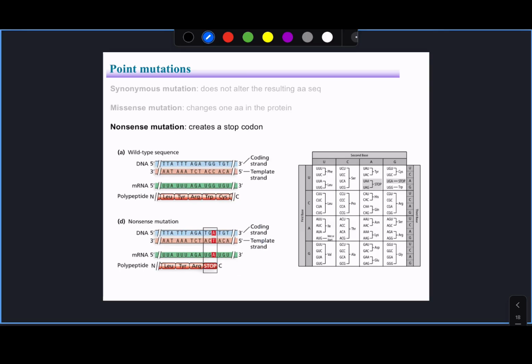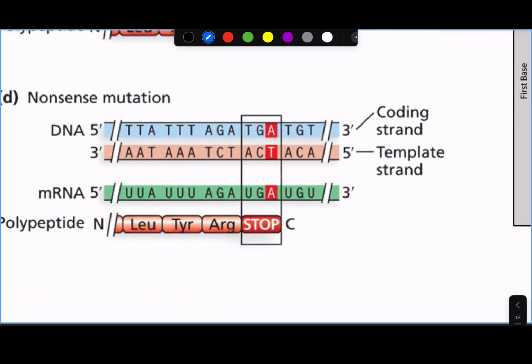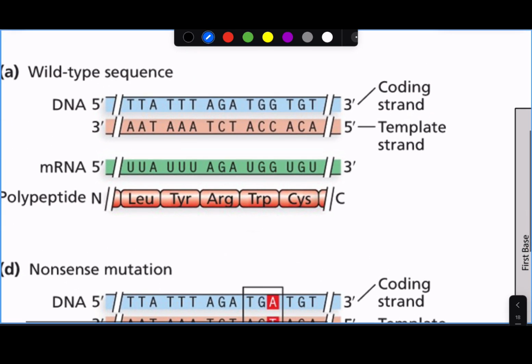All right, and finally, a very special kind of point mutation we call nonsense or asense mutation. That asense is a little older terminology, but you'll come across it in different places. Nonsense mutations are the ones that create a stop codon. So in our example here, the original codon was TGG.